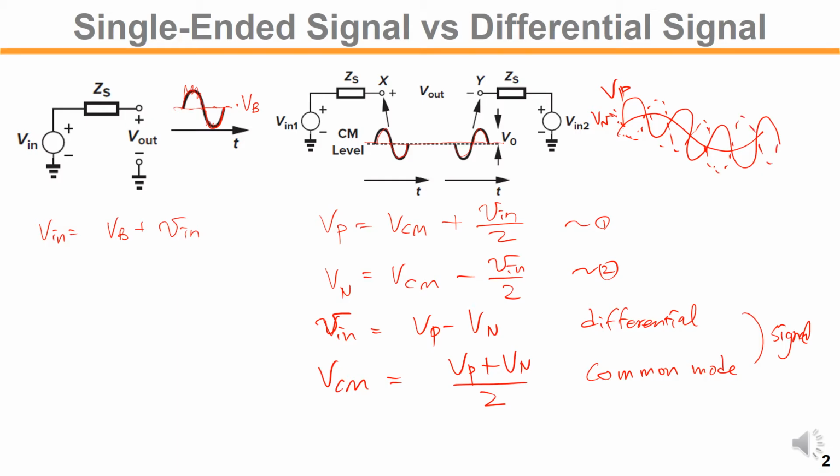For this kind of case, the input is found by subtraction of those two signals. In that case, the VCM variation disappears. So this kind of signaling is immune to common mode noise.